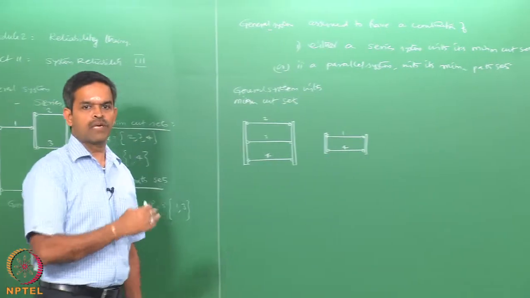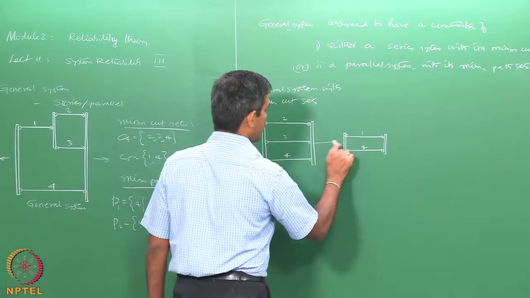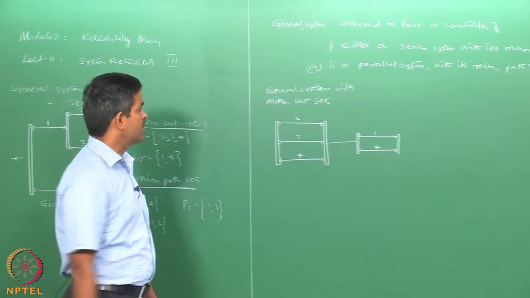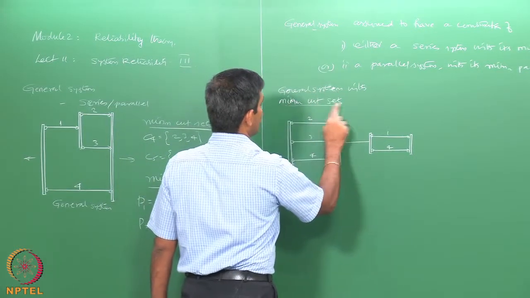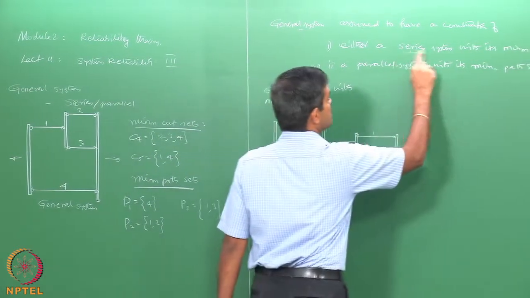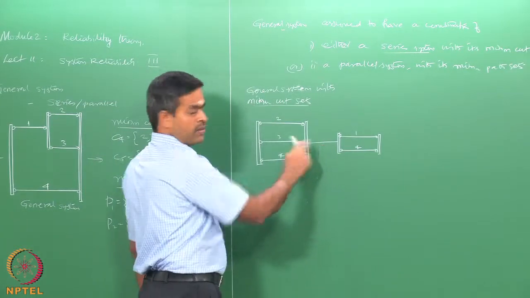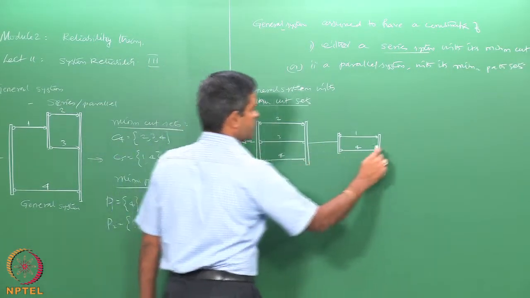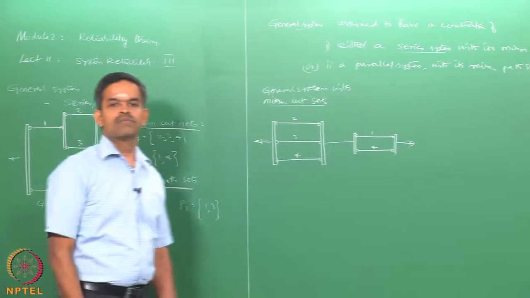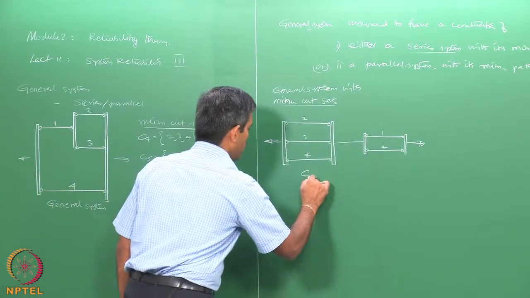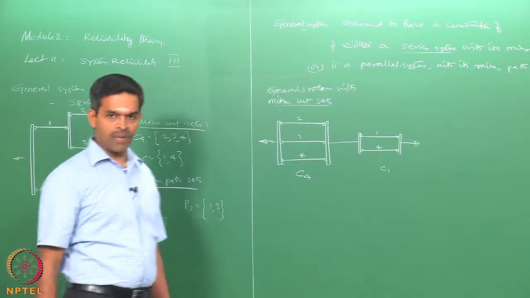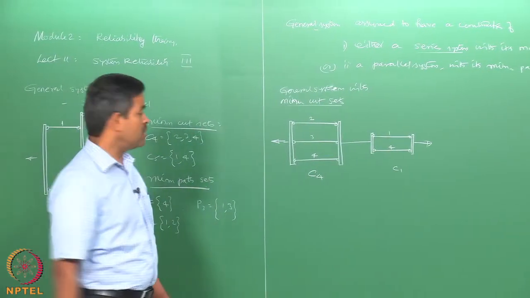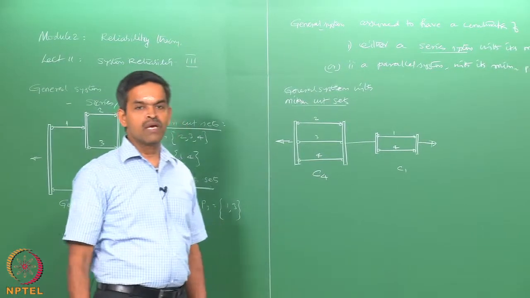Of course, they need to be connected because I want them to remain in series, that is what I am looking at, because a general system with minimum cut sets will behave as a series system. So, I put them in series, and the system is now subjected to the load. So, this was my C4, this was my C1, this is now the general system which comprises the minimum cut sets, and this system is now going to behave as a series system.